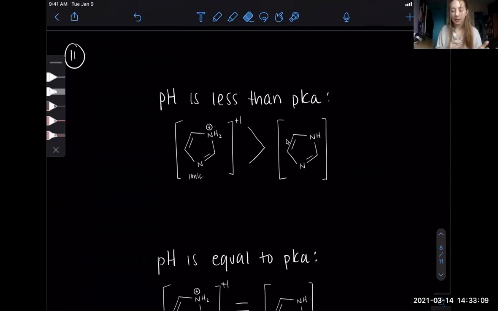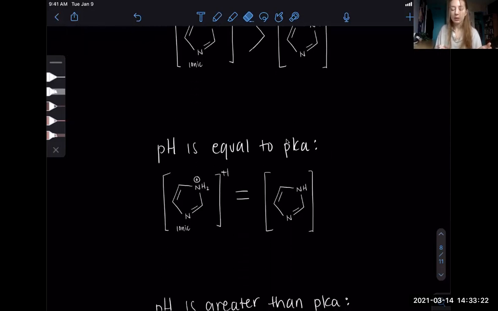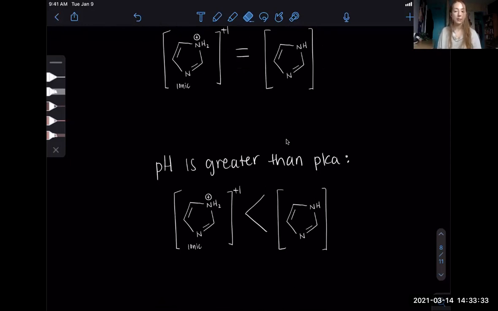When the pH is less than the pKa, the base, here imidazole, is in its protonated form, and the non-ionic form is not dominant. When the pH is equal to the pKa, the concentrations of the protonated and non-protonated forms are equal. When the pH is greater than the pKa, the deprotonated form, which has no charge, is dominant.